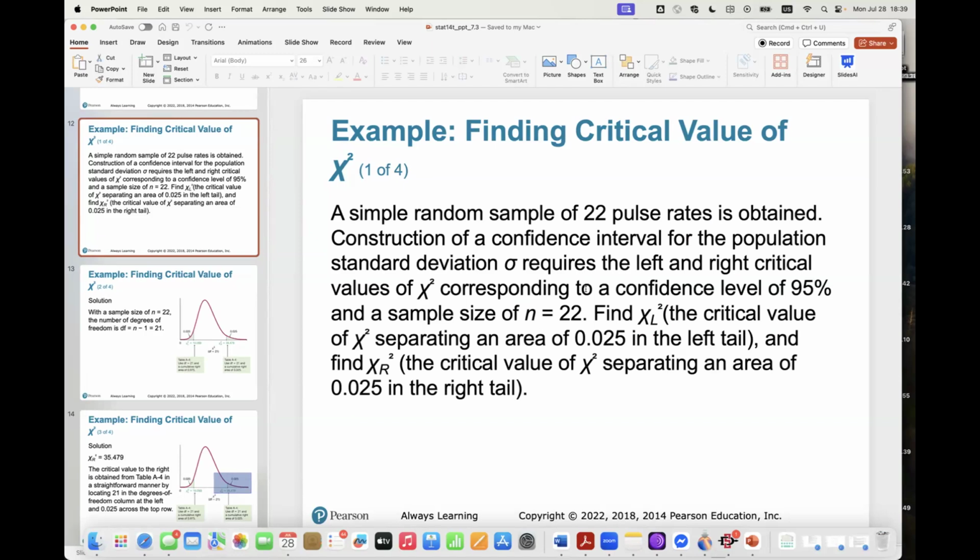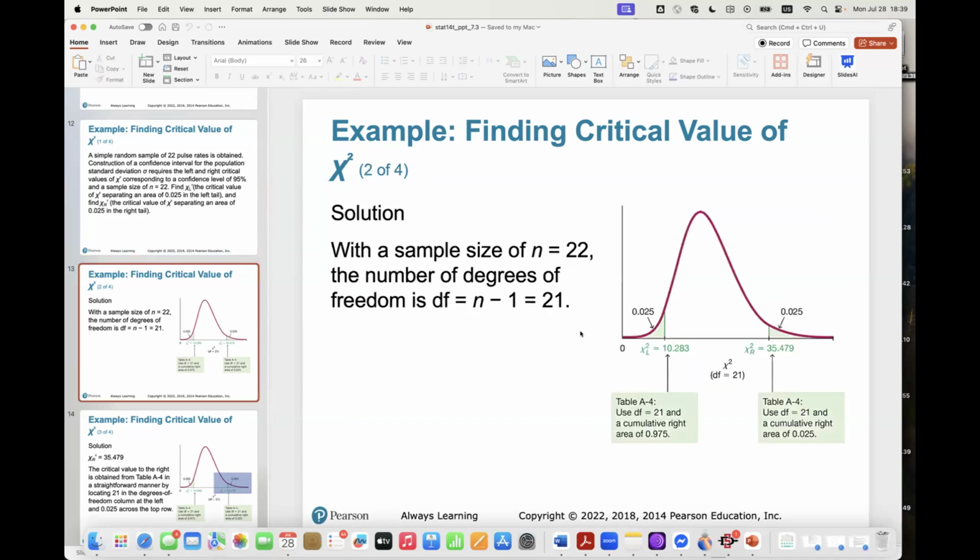Let me share the screen, so that I can write on it. Oh, it's easy, okay. With a sample size of n equals 22, we calculate the number of degrees of freedom first. df equals n minus 1, which is 21. And look at the shape of the chi-square distribution.